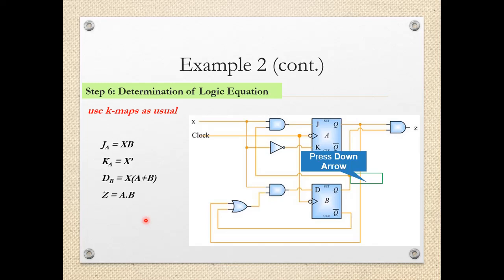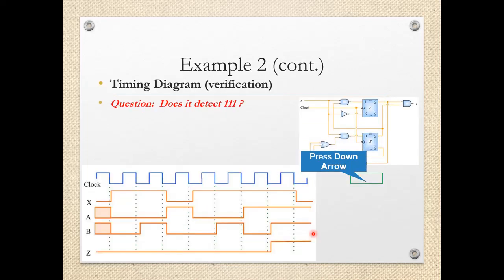So likewise the circuit diagram is prepared, and this is the final design of your sequence detector, which will detect the sequence 1 1 1. These are the waveforms.